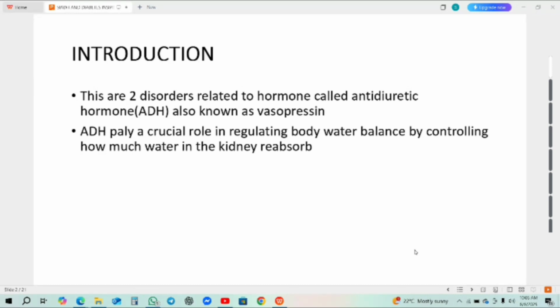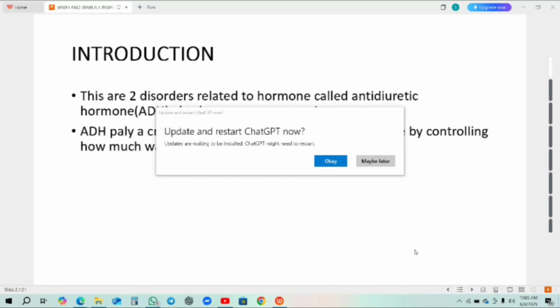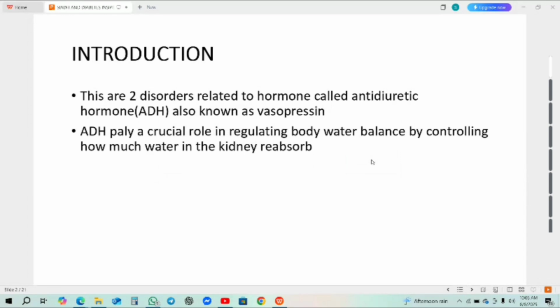As you know, ADH is secreted from the hypothalamus, I think from the paraventricular nuclei, then stored in the posterior pituitary gland. When the body requires ADH or water, it is released from there.